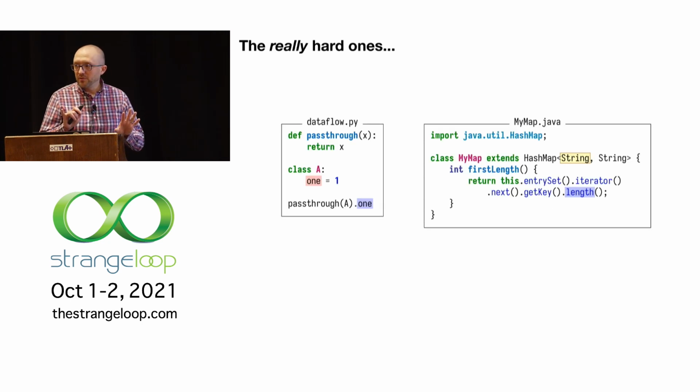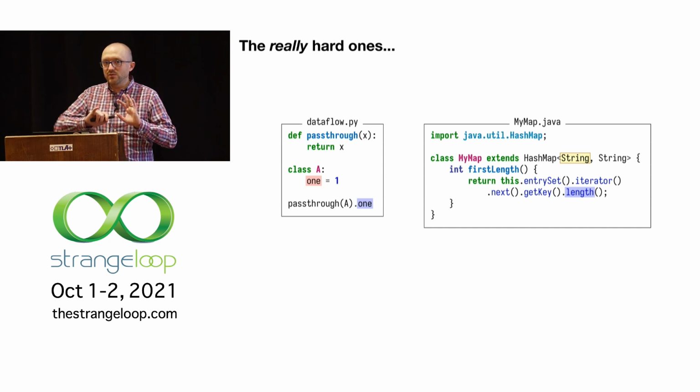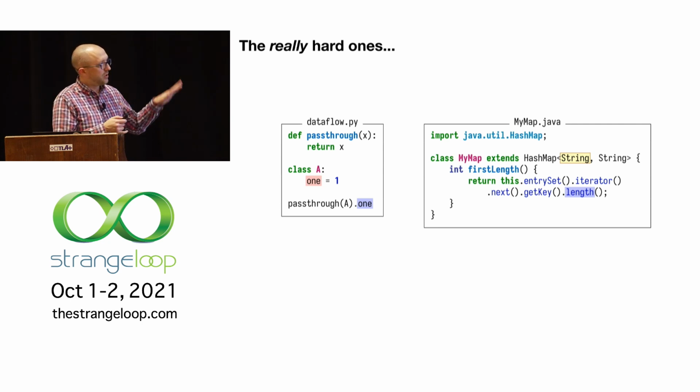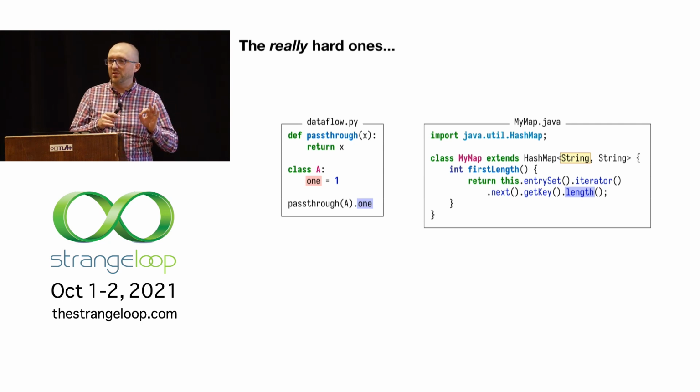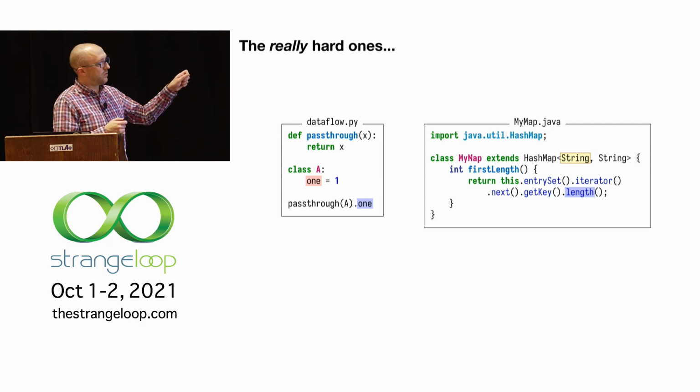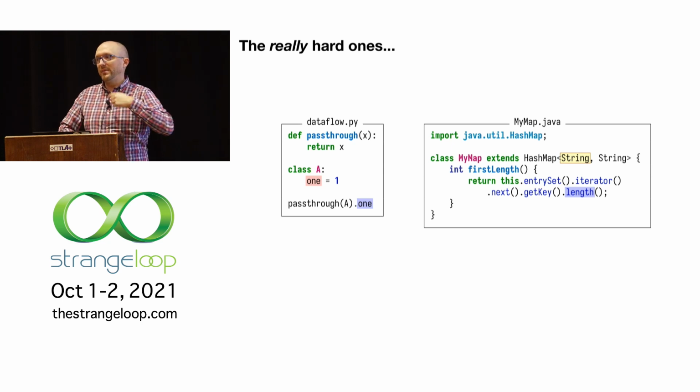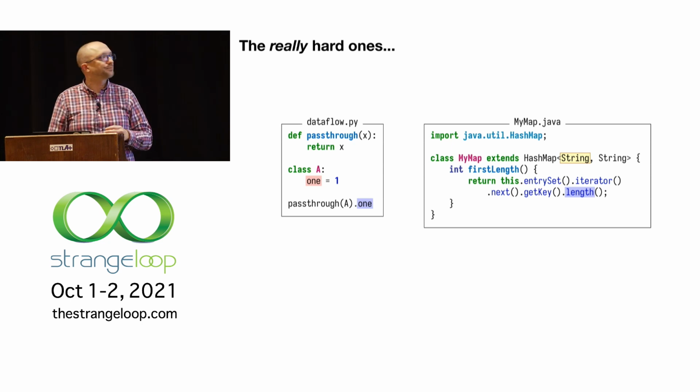I just want to leave you with a couple of even harder examples. This was a lot of dense content, and we actually have only scratched the surface of what stack graphs can do. So I want to show a couple of really, really hard examples here. The one on the left is our canonical example of where sometimes lookup results depend on data flow. If you look at what's happening, pass-through is a function that takes in a parameter and then immediately returns that as a new value.